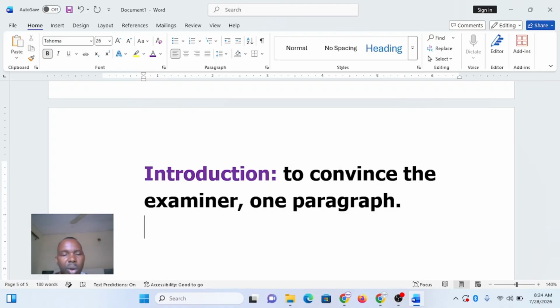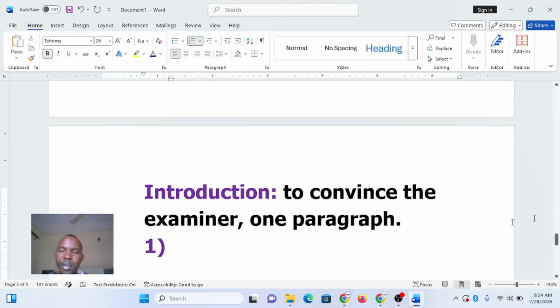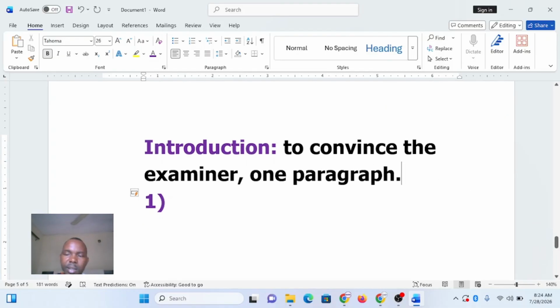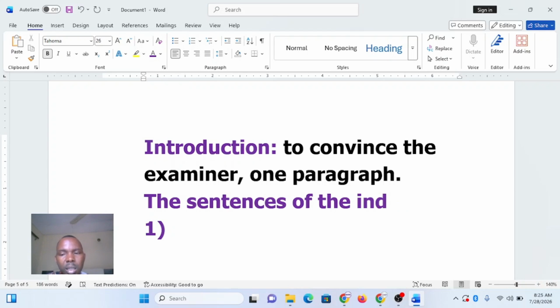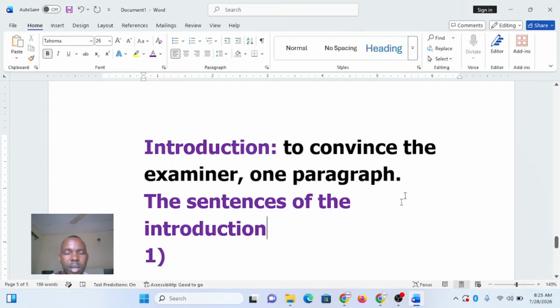Now, what are the major elements that should be in the introduction? These are the sentences that will make up your introduction. So let's say sentence one.